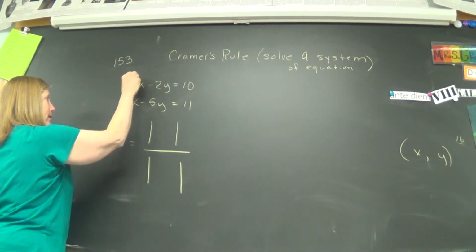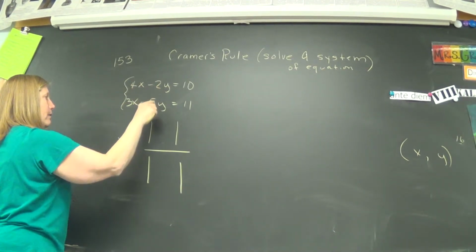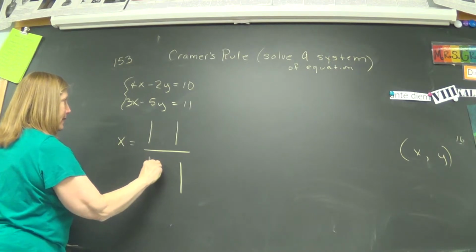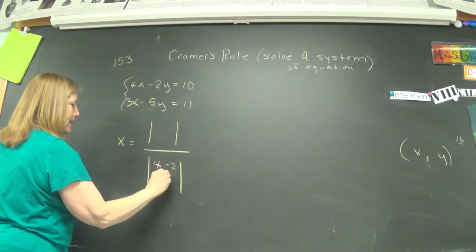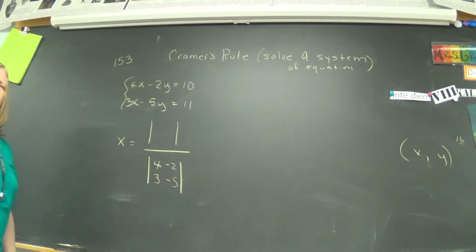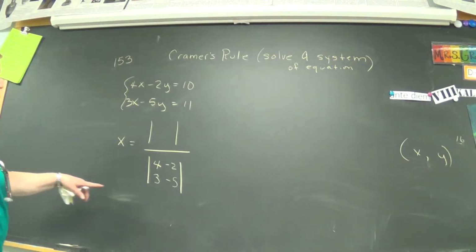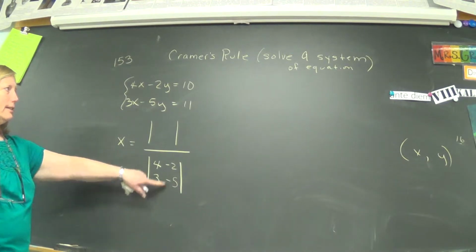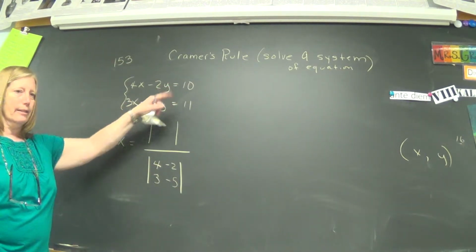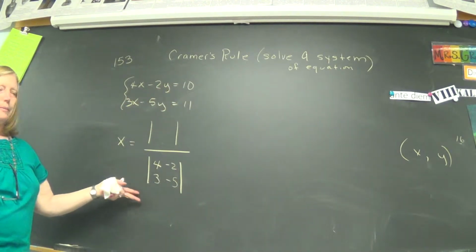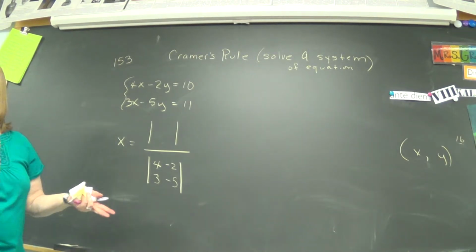The coefficients are 4, 3, -2, -5. The 10 and 11 do not play out in the bottom. I actually told you the name of that earlier when we introduced matrices. That's called the coefficient matrix. It does not involve these constants. So we need the determinant of that. You want to go ahead and get it?